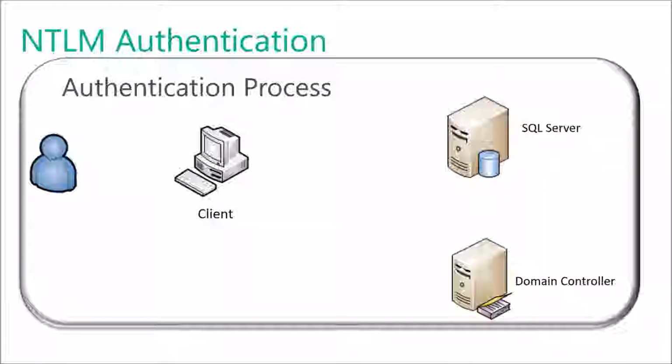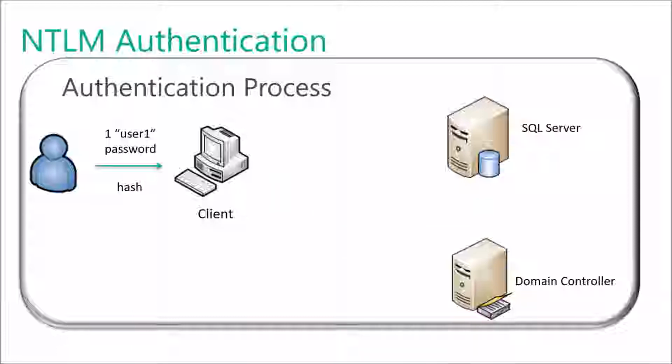Now, NTLM uses a challenge response protocol to authenticate the user. Firstly, a user logs on to a client computer, providing a domain name, username, and password. The client PC computes a cryptographic hash of the password and then discards the actual password, and it uses this information to log into the Windows domain.